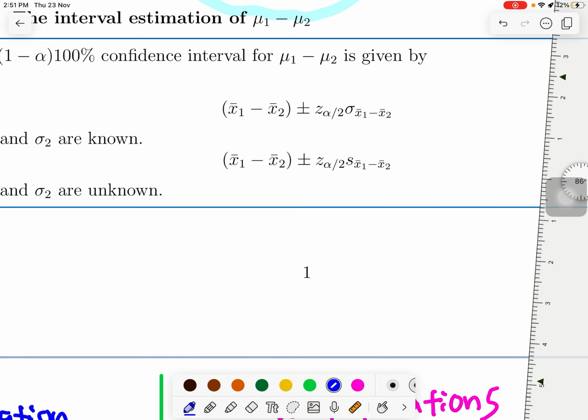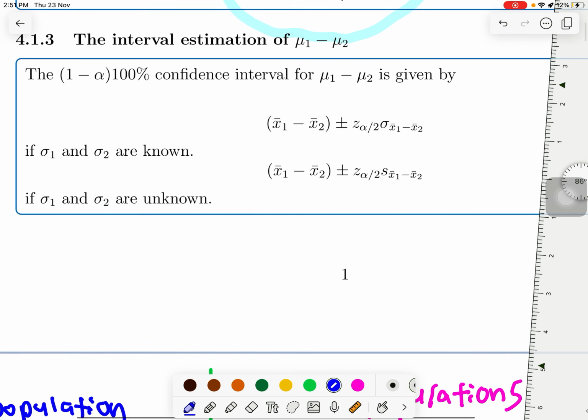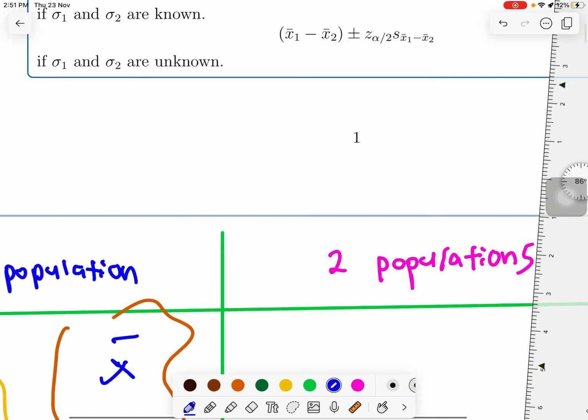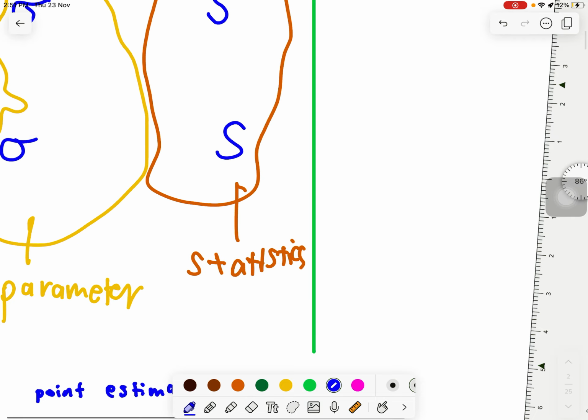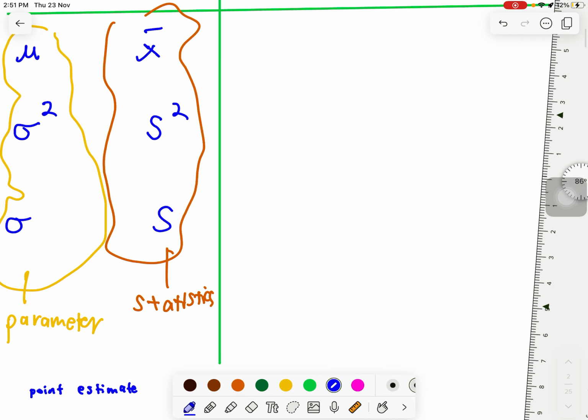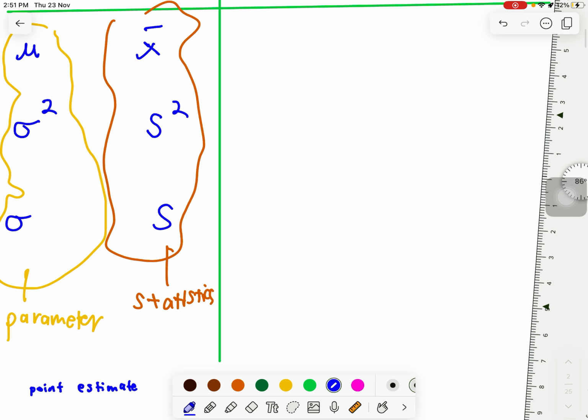Remember, we have point estimates. For mu, the point estimate is x bar.